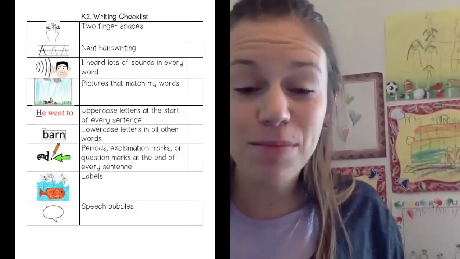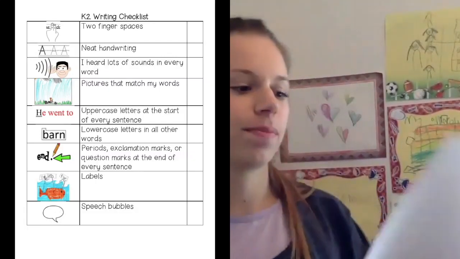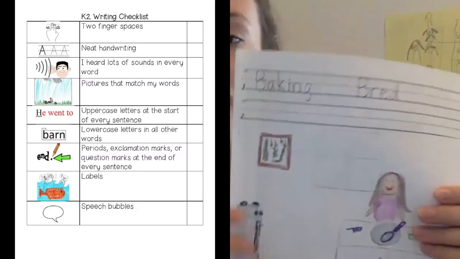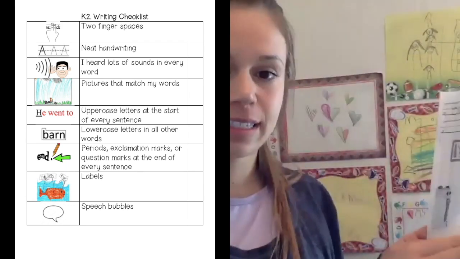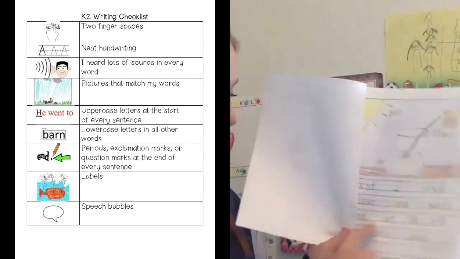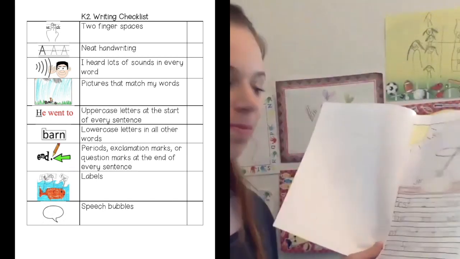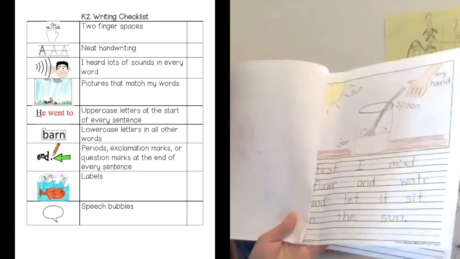All right, I'm looking at my writing and I'm going to see which of these things do I have. So far, I already have 2-finger spaces. See them? 2-finger spaces, check. Do I have neat handwriting so far?